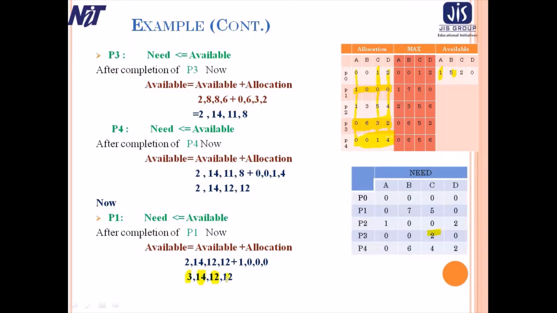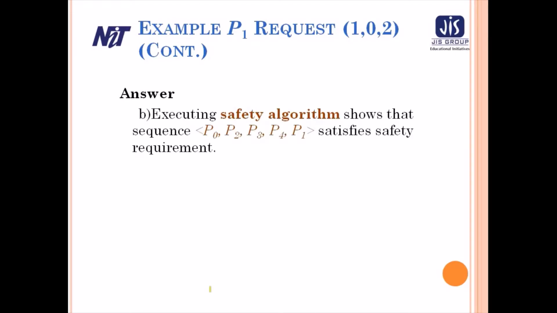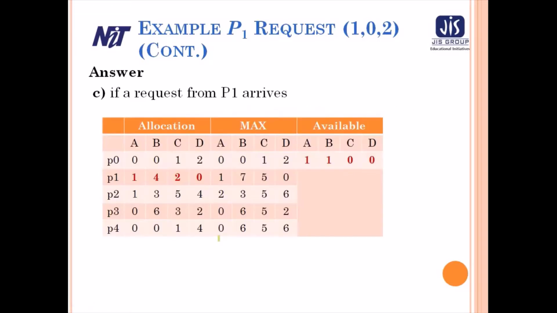So we have 12 instances. So we can backtrack it. For the safe sequence, using the banker's algorithm, we first execute P0, then P2, then P3, then P4, then P1. If we execute our processes in this manner, we can easily satisfy the requests and move to safety.